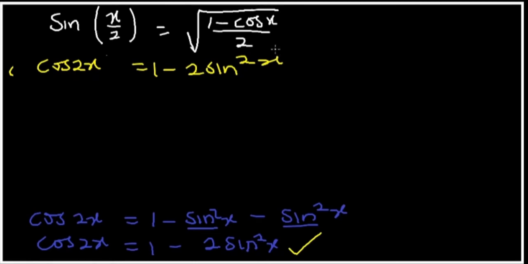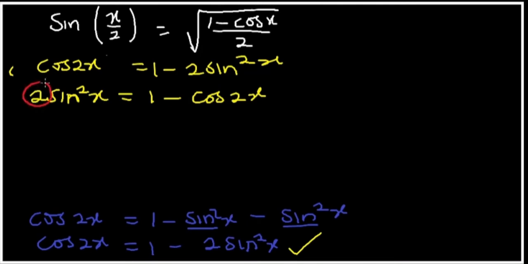Now I can as well say that this is 2 sine square x is equal to 1 minus cos 2x. I just collected like terms. Okay, so I divide both sides by this particular 2 here. So I'll be left with sine square x is equal to 1 minus cos 2x over 2.